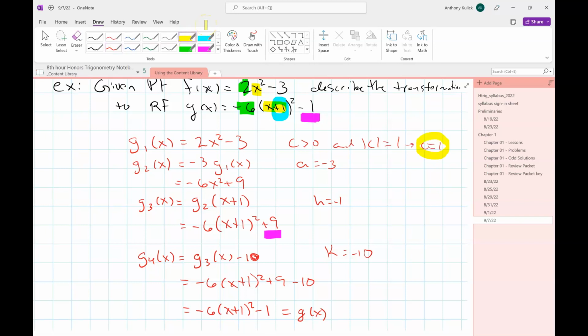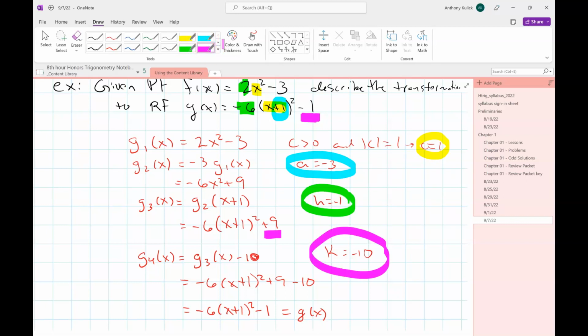So I have C equals 1, A was equal to negative 3, H is equal to negative 1, and then K was equal to negative 10.